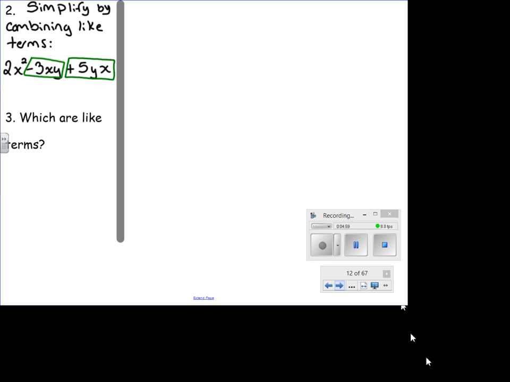The 2x squared is going to be left out because it's missing a y, and also the x has a square on it, and the other ones don't have the square, okay? So I know that these are like terms, and I can add them together. So let's go ahead and simplify our answer. We'll have 2x squared. We haven't done anything else to the 2x squared, so we'll leave it as it is.